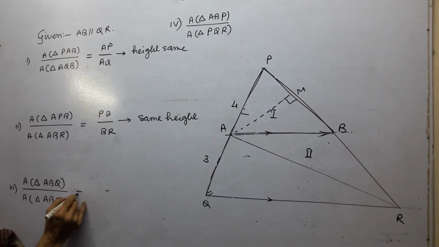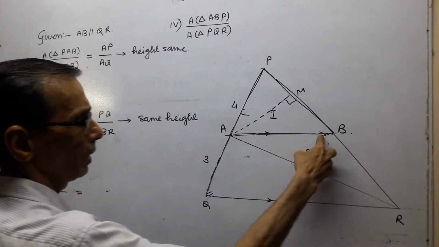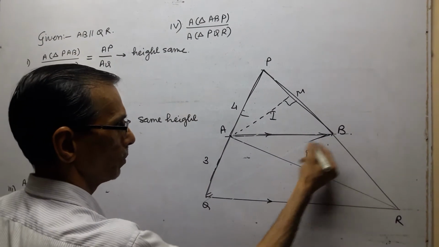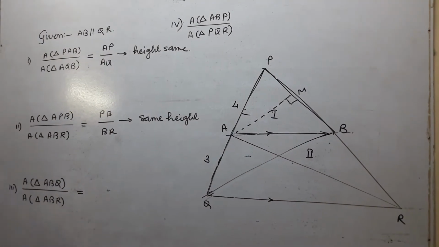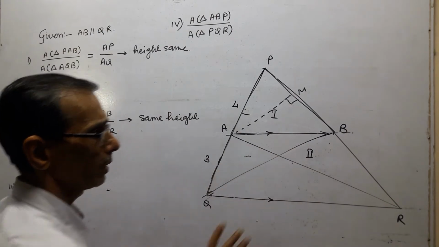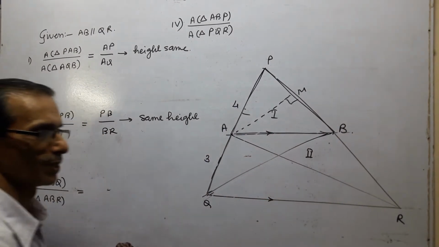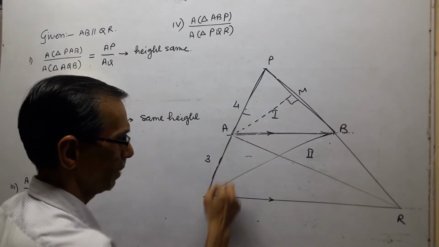Now the third one, triangle ABQ and triangle ABR. You find that both triangles are between two parallel lines, and they have the same base and the same height.